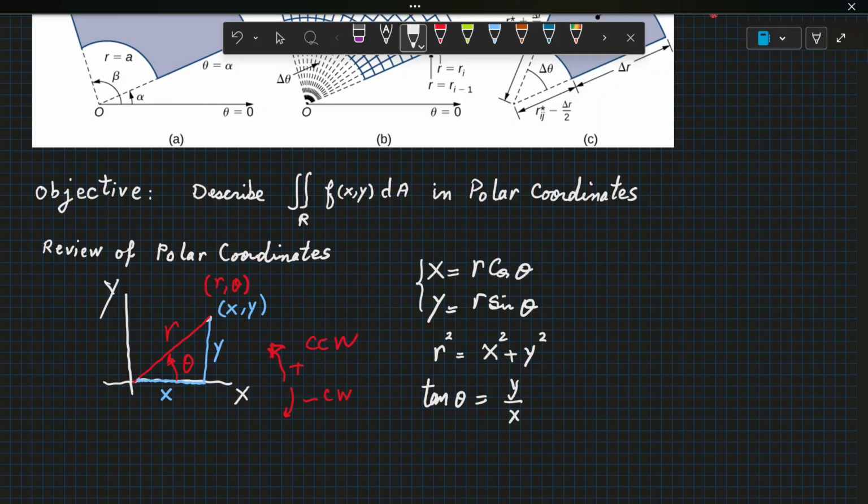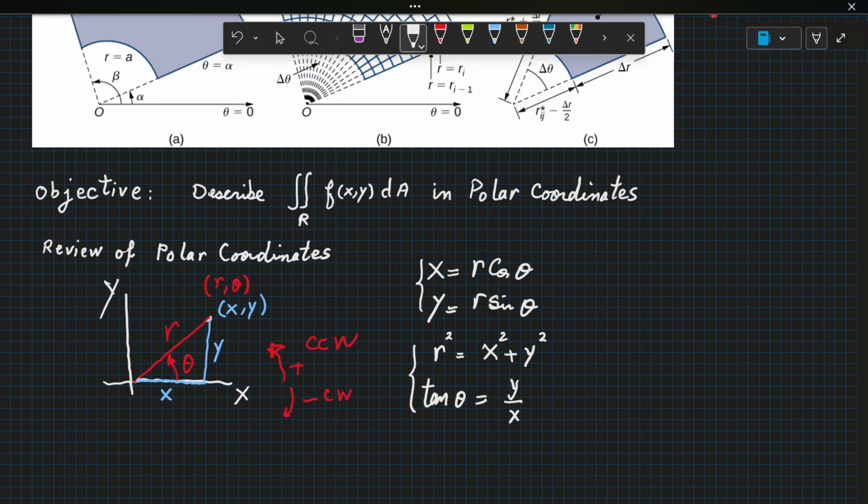And then I can find theta itself. Again, the angle theta can be obtained up to a multiple of pi. So there's a bit of complication in both of these relationships. We might come across some of those issues later on. But these are the straightforward conversion formulas that take us from one to the other.